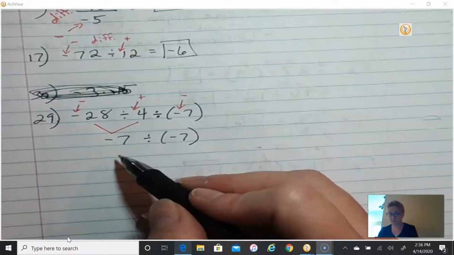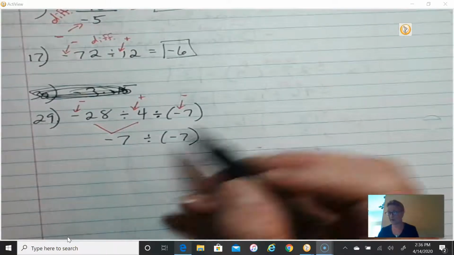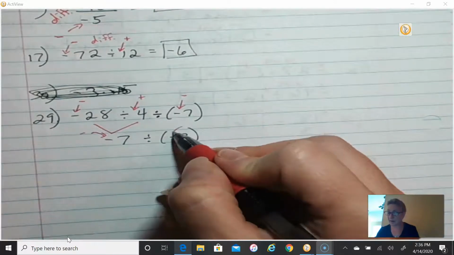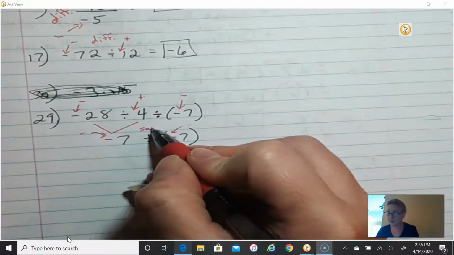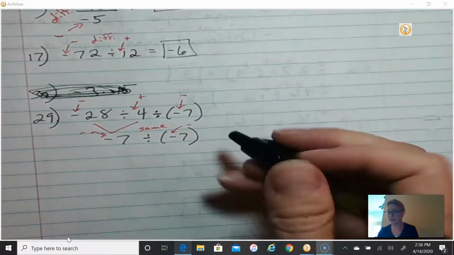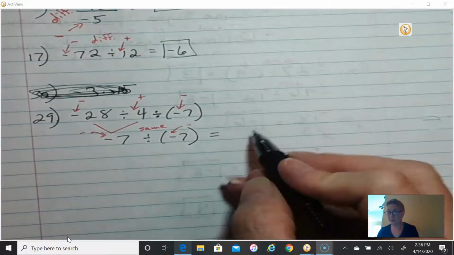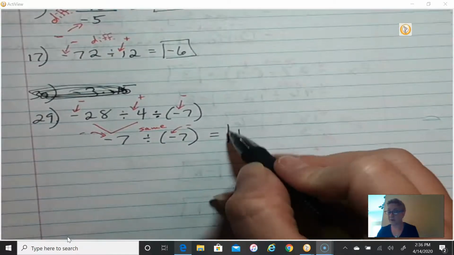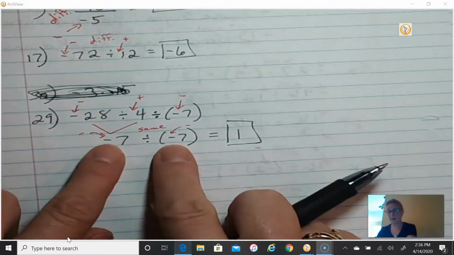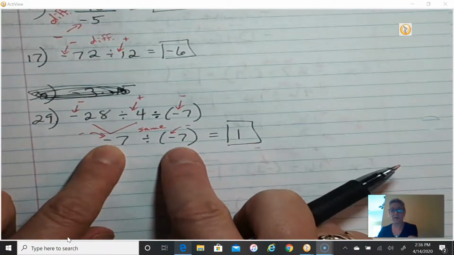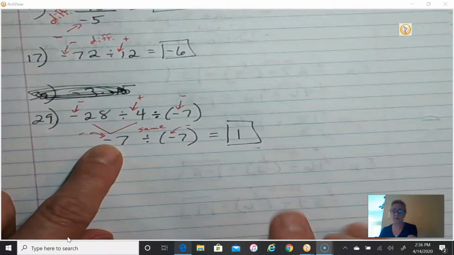So a negative, the signs are the same. I have a negative here and a negative here. They're the same sign now. So negative 7 divided by negative 7. 7 divided by 7 is 1. The signs are the same, we're going to have a positive answer. So negative 7 divided by negative 7 is 1.